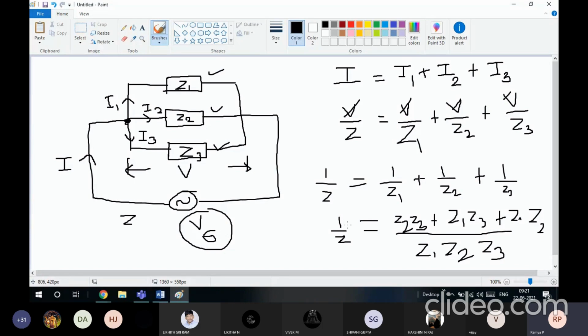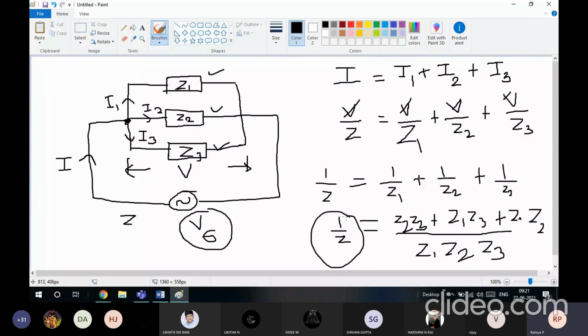Now you have found the expression, but what is this 1 by Z? 1 by Z is nothing but your admittance. If you want to define admittance, the reciprocal of impedance is admittance. So if I want to write the expression in terms of admittance, yes, you can.